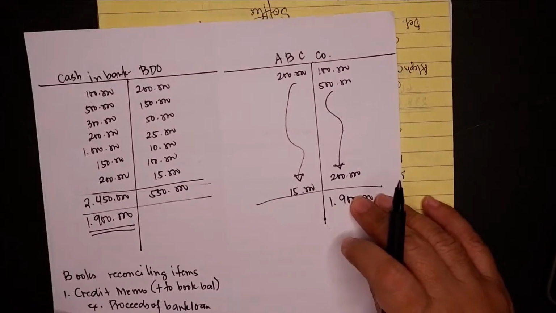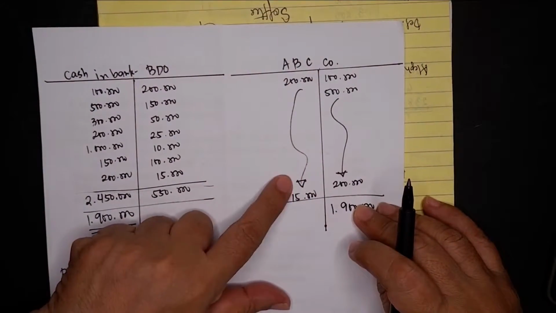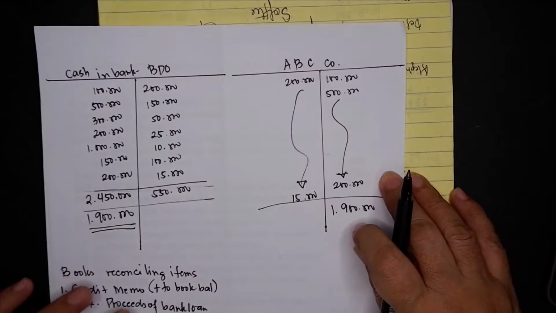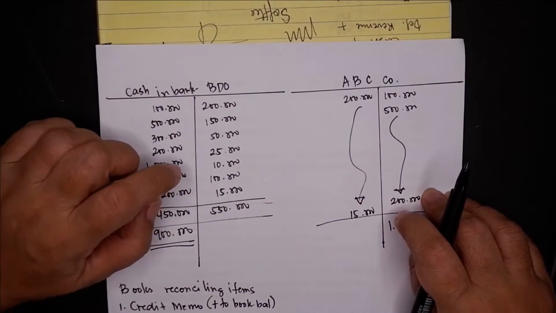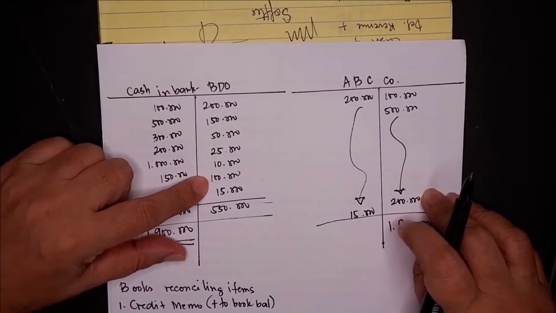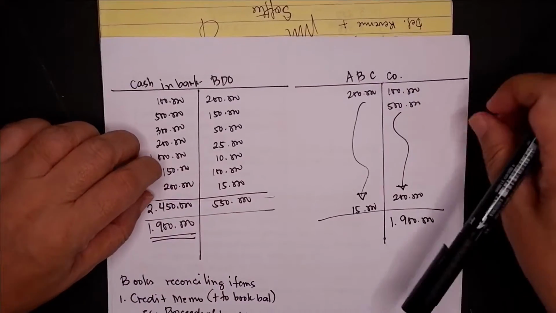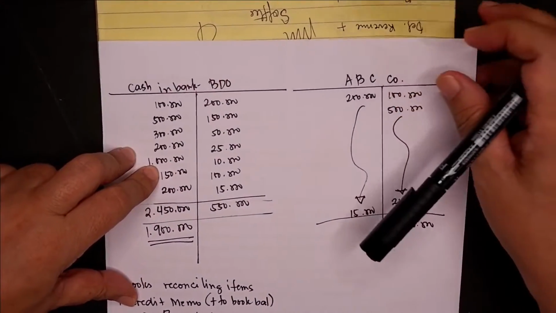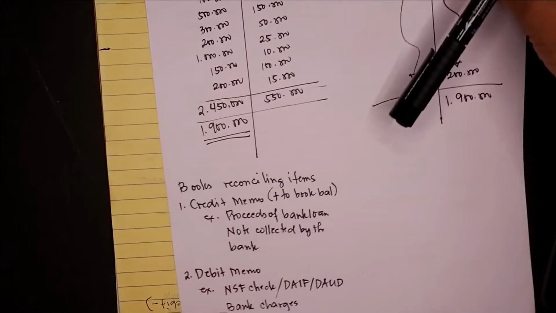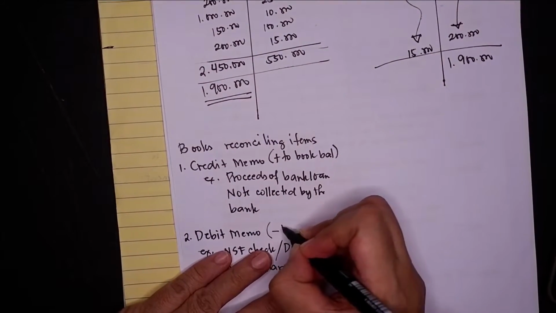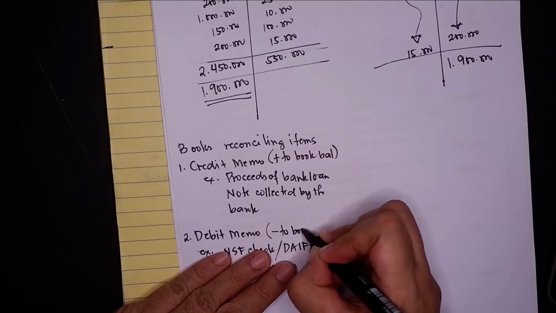So the bank has debit ABC Company 10,000 and credit cash 10,000, and we do not have that particular disbursement in our book because we do not issue a check for that. So again, our balance will not be the same. And to reconcile that, that is minus to book balance.